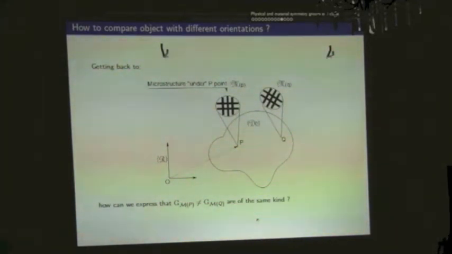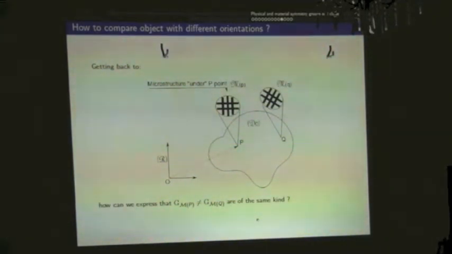Okay, how can we express that the group over the material point P is the same as the symmetry group over the material point Q? In fact, it's kind of natural. If I say it is the same, you want to say, okay, it is the same modulo the action of a rotation.